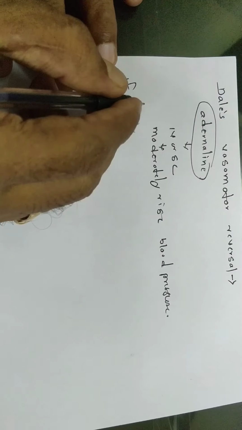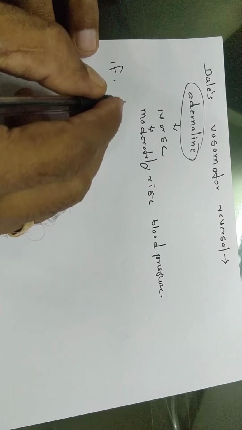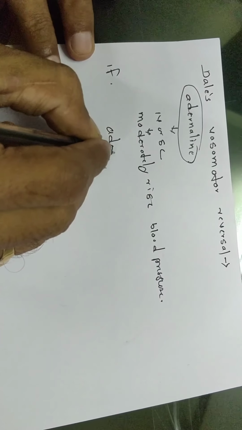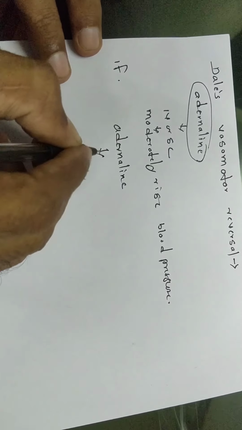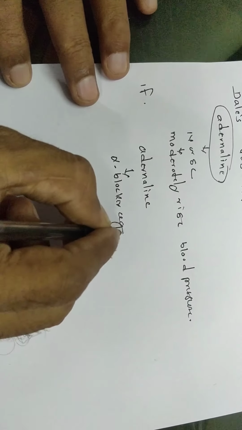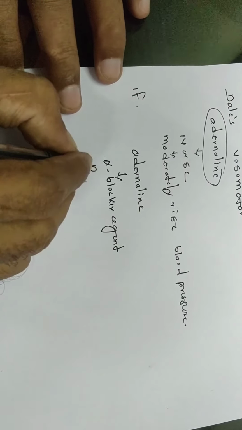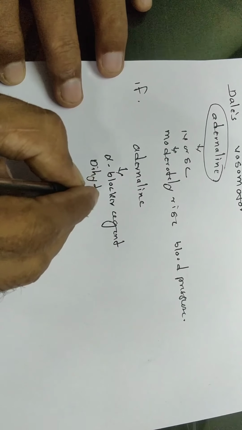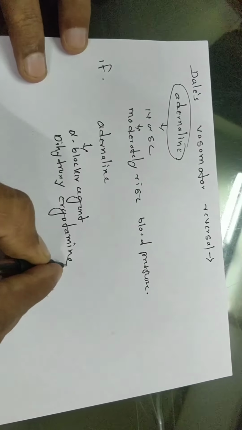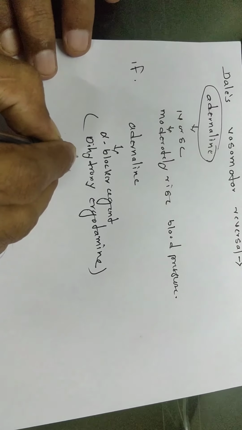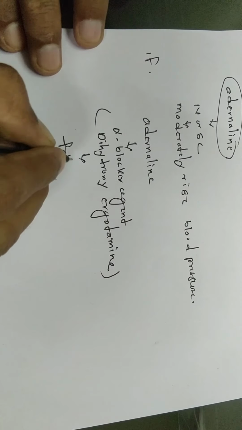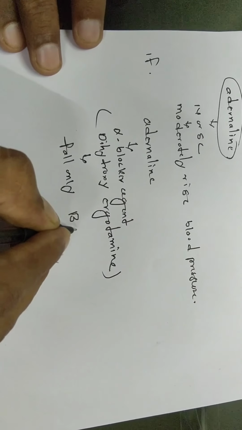Then if, after adrenaline is given, an alpha blocker agent, that is dihydroergotamine, is administered, it causes only a fall in blood pressure.